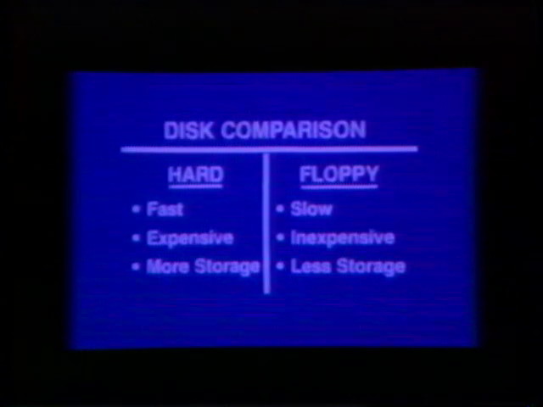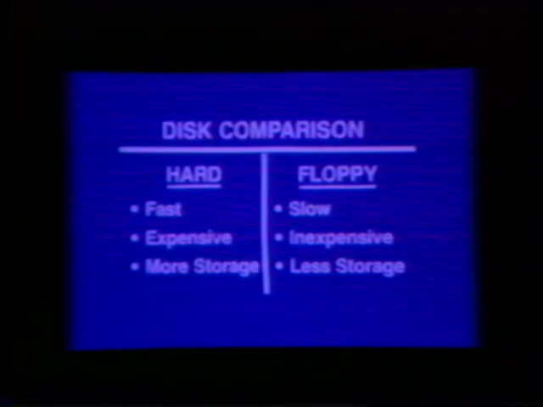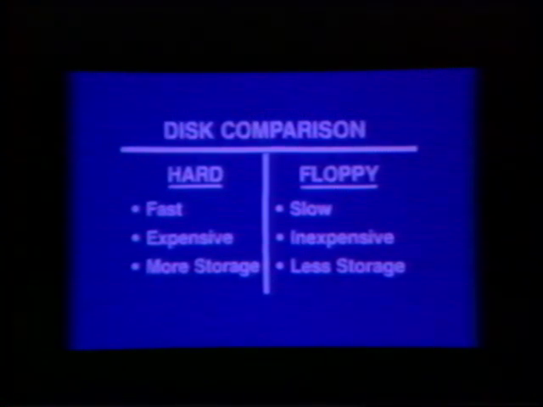Consequently, it is very fast since it literally flies above the surface on a cushion of air. The floppy disk, because its read-write head rides on the surface of the disk itself, is slow. Floppy disks are much less expensive than hard disks and can be stored easily. However, they store less information and wear out faster due to the friction of the read-write head against the disk.